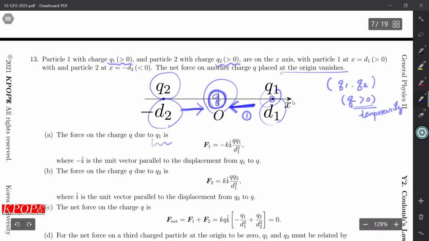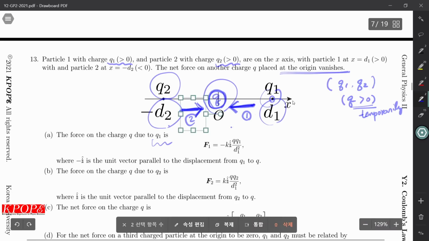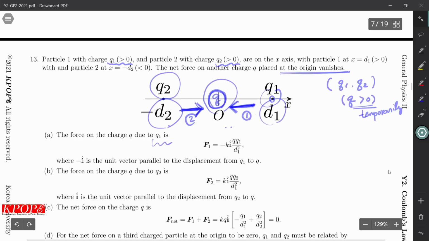Because the two forces vanish, that means if you consider the magnitude of the two forces, the magnitudes must cancel.